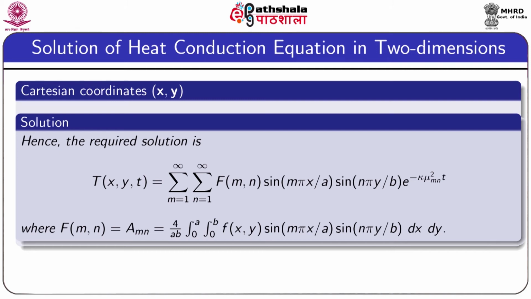Thus, the solution can be written as capital T equals sum over m, sum over n, capital F_mn sin(m pi x by a) sin(n pi y by b) e to the power minus kappa mu_mn square t, where capital F_mn is nothing but capital A_mn, and the expression for capital A_mn is given in the slide.